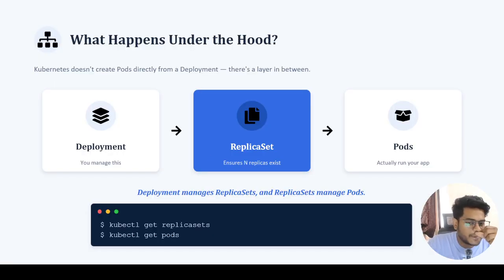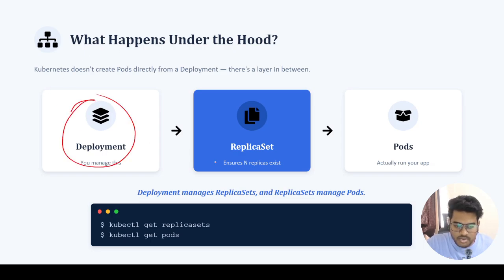So now what happens exactly under the hood, like how 3 pods are running. The deployment resource basically manages and creates the replica set. The replica set is also a Kubernetes object which gets created.